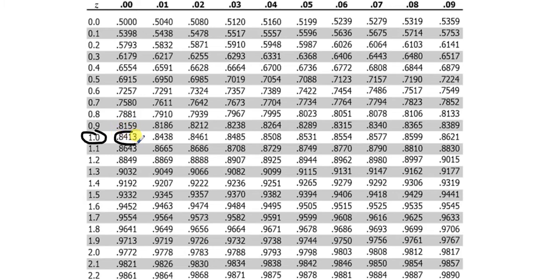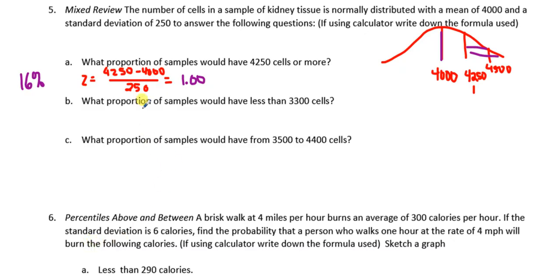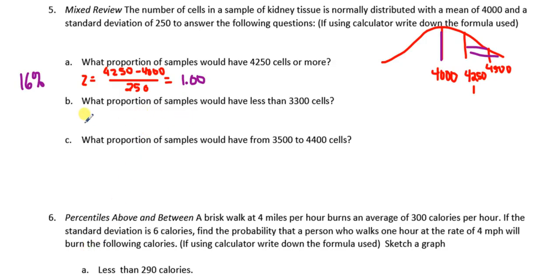We're at the 84 percentile, 0.8413, but it's actually 84%. The table always gives us the number below. So 84% is this way.